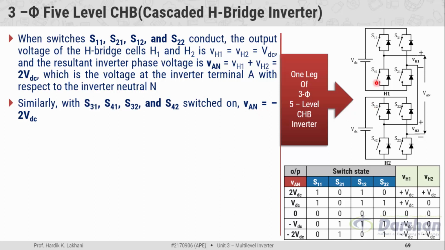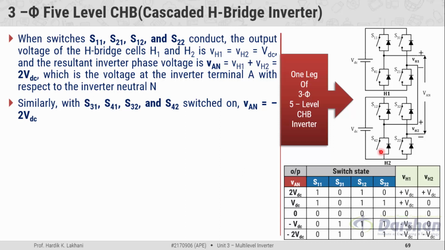Similarly, with S31 and S41 in the upper H-bridge unit, and S32 and S42 in the lower H-bridge unit, the other diagonal switches are turned on, right? S31 and S41 are the diagonal switches in bridge 1, and S32 and S42 are the diagonal switches in H2.